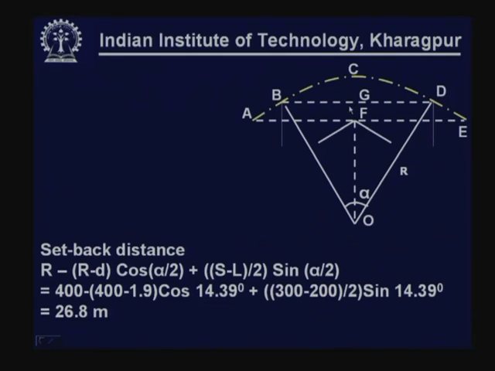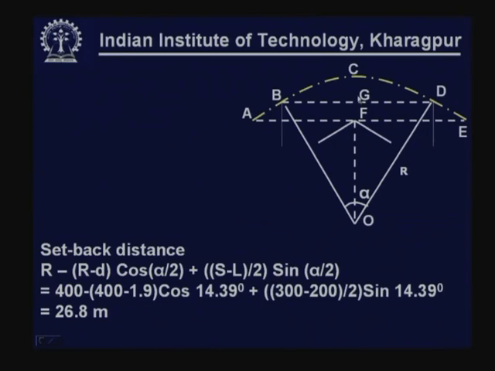This can be calculated as Cg plus Gf. Now, what is Cg? OB is r minus d, OC is r. So, Cg is OC minus OG. Now, what is OG? OG is nothing but OB cos alpha by 2.